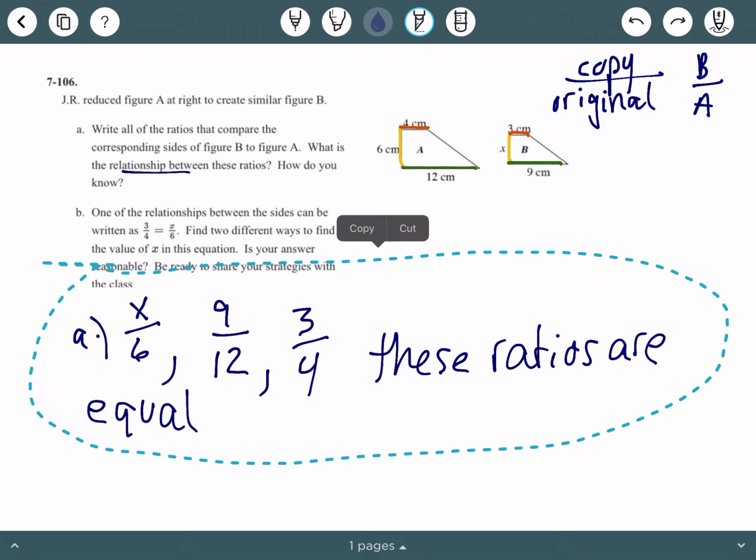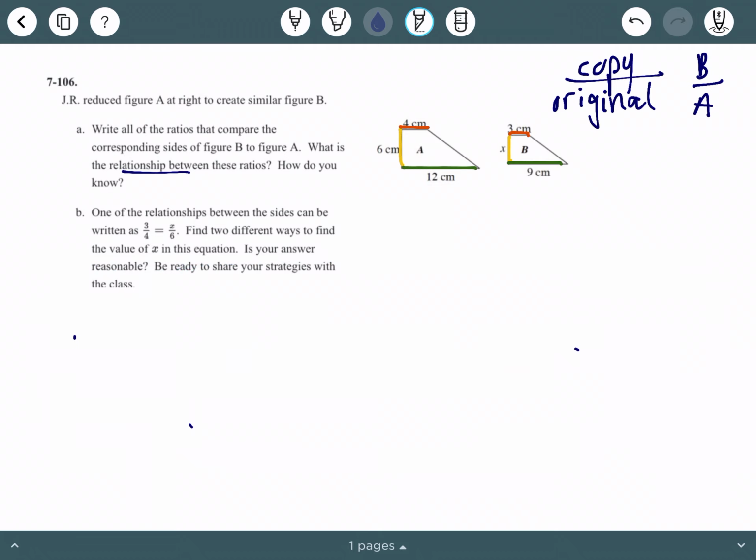I'm going to get rid of this so I have some room. All right, part B. It says one of the relationships between the sides can be written as 3/4 equals x over 6. Find 2 different ways to find the value of x in this equation.